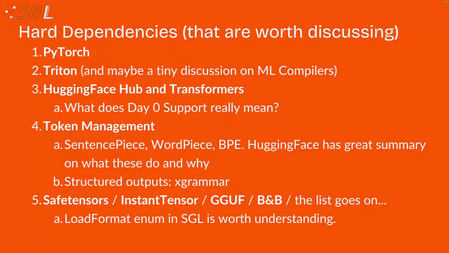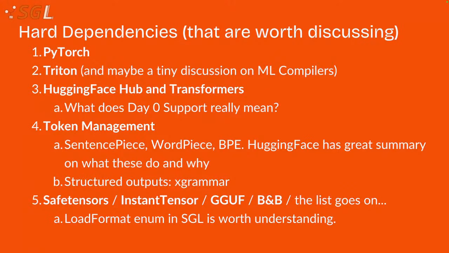But you look at all these different tensor storage operations, and these are also fundamentally very hard dependencies, right? For example, if SafeTensors was to put out a version change that no longer worked with SGLang or no longer worked with vLLM, et cetera, that would take a lot of time to figure out, right?